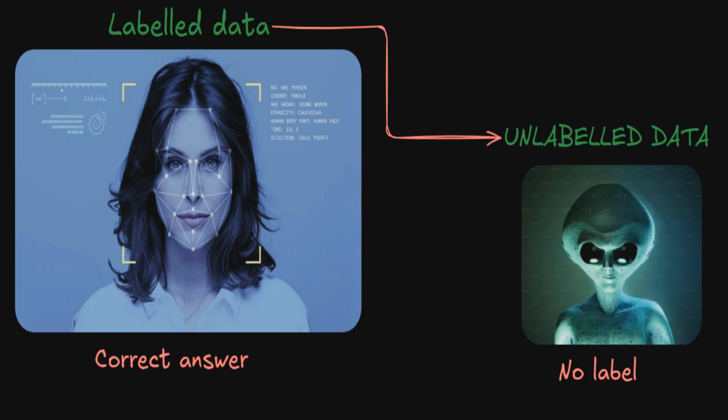So I'm gonna tell you why semi-supervised learning is really important. Suppose you have, let's say, 1,000 images, but only 100 are labeled. If you only use the labeled data for supervised learning, your model is not gonna perform that well because it has seen too few examples, right?